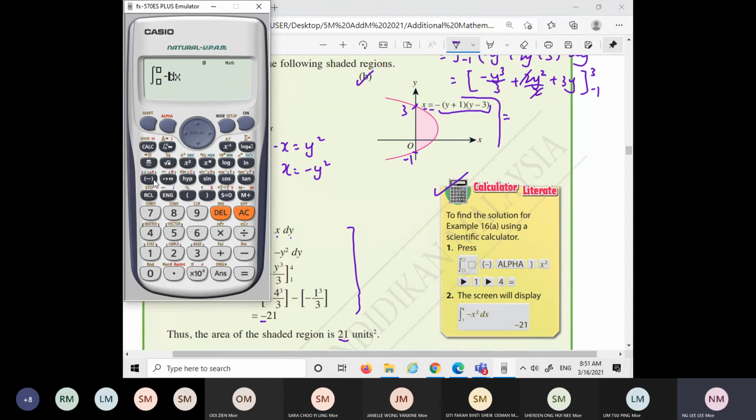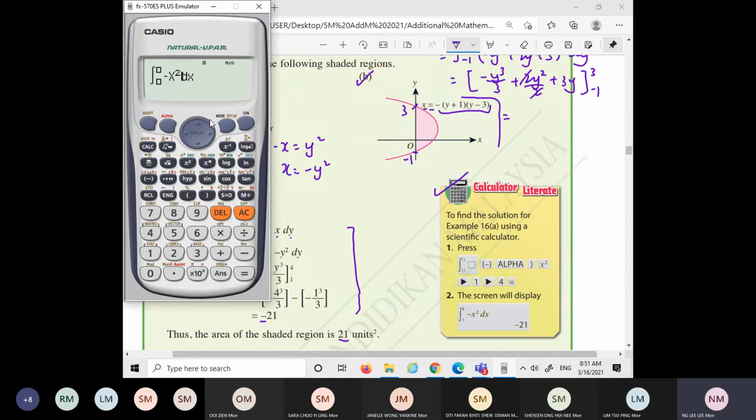Remember to close the bracket, if you don't close the bracket it can't read it. Then x squared. So now you have keyed in negative x squared into your calculator.